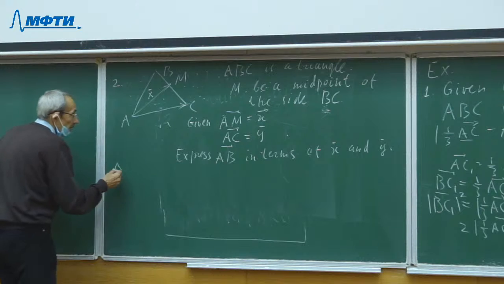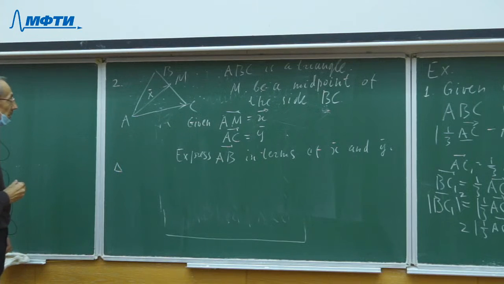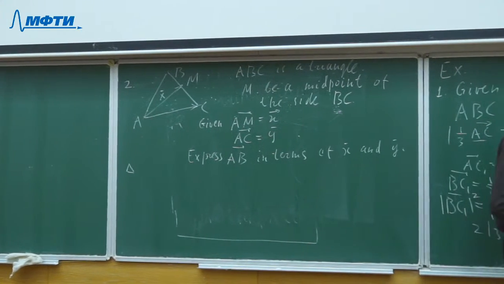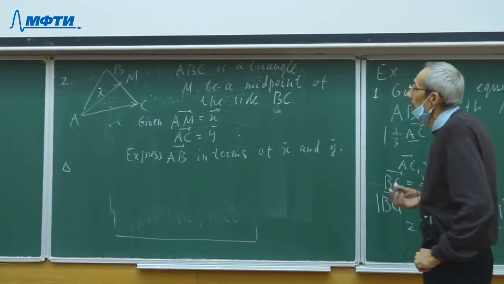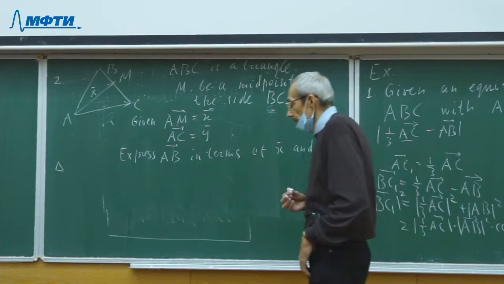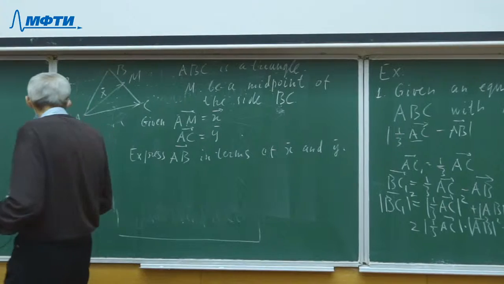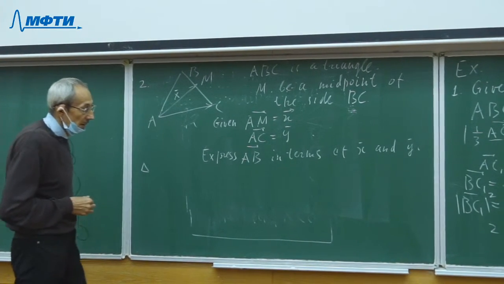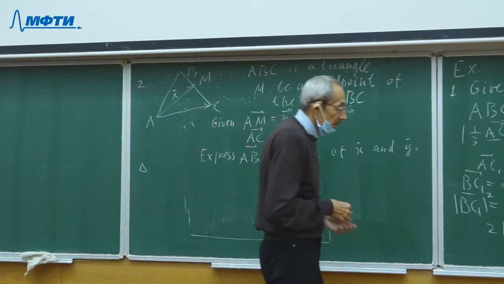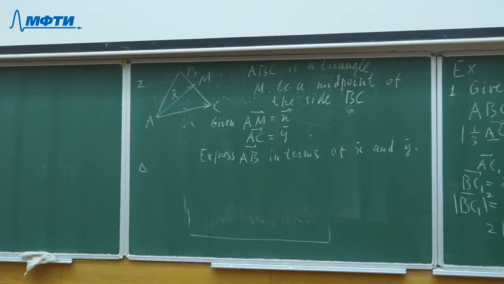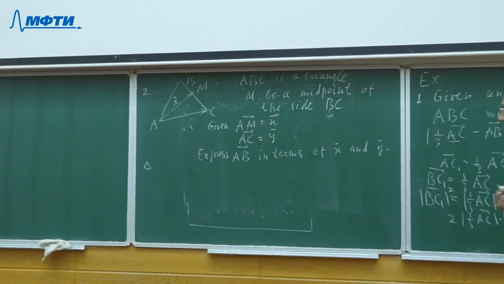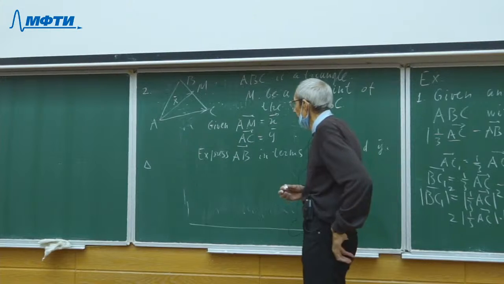How to find this linear combination? Let's look for some relation between these vectors, and after that we try to find an exact expression for vector AB.